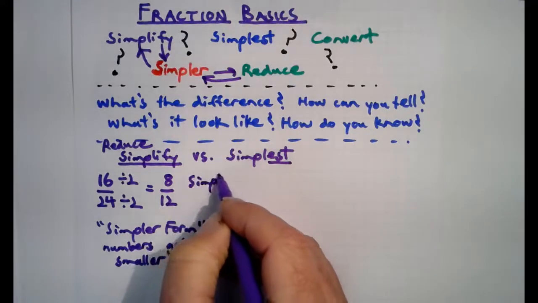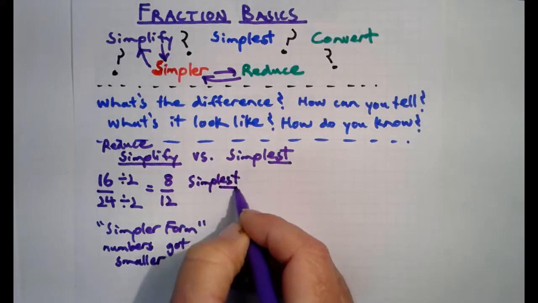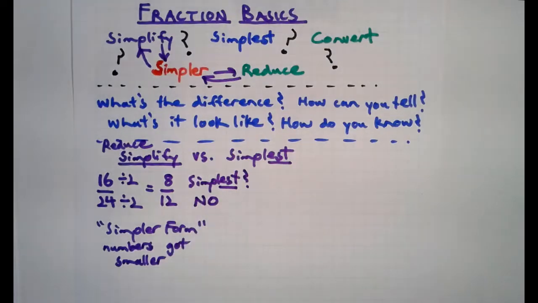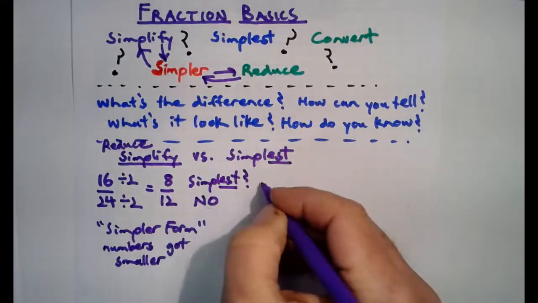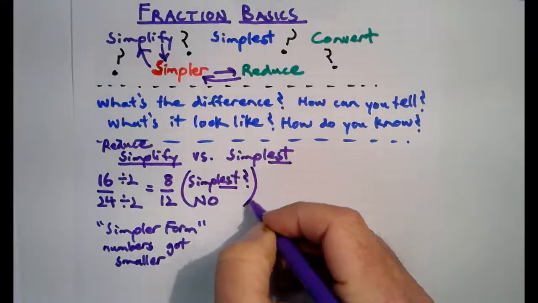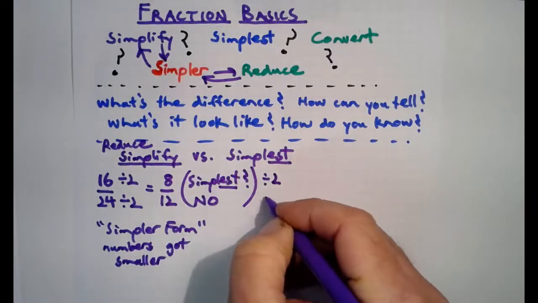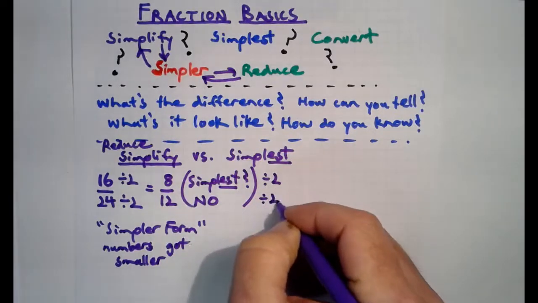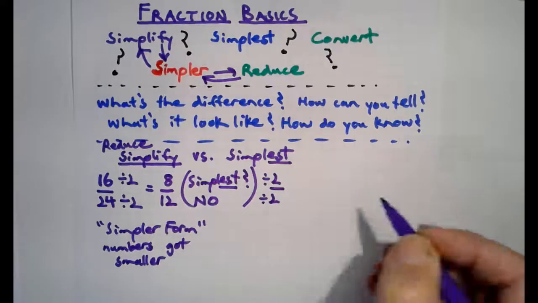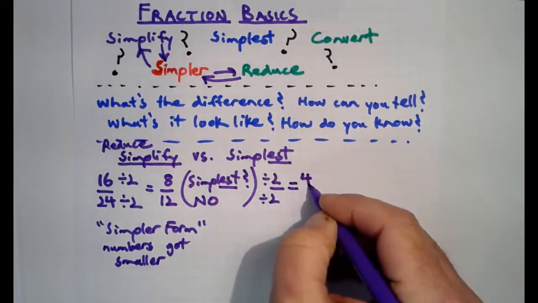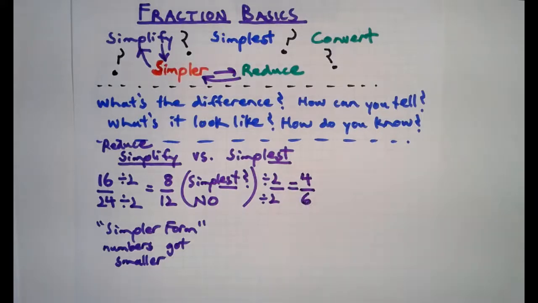No, it's not simplest. Can we still simplify it? Yeah, they're still even numbers. We can still, if you follow me along this line here, divide numerator and denominator by 2, which gives us 4/6.